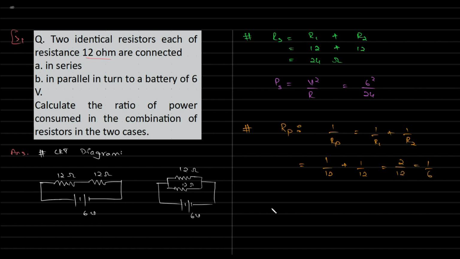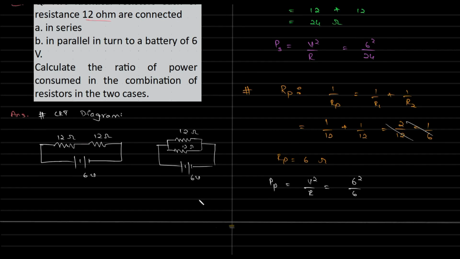You can just directly write Rp is equal to 6 ohm. These steps can be skipped actually. Now, power consumed in parallel will be equal to V squared by R, which is 6 squared by 6.